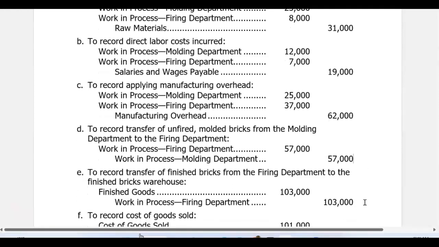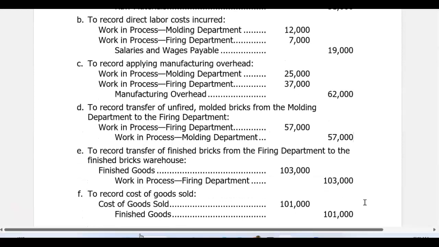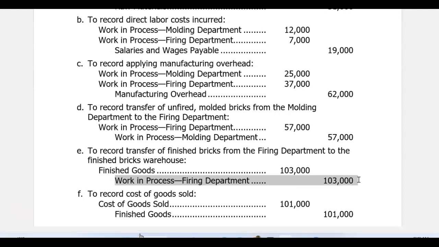Then obviously department 2 gets the job done, right? So as soon as department 2 finishes the job, the finished goods will go to the finished goods T account to increase that balance, and work in process department 2 will be reduced because of that transfer of finished goods, completed work, to finished goods.